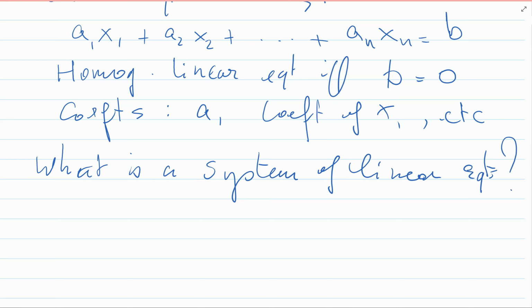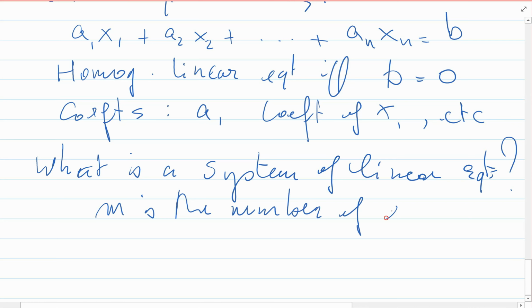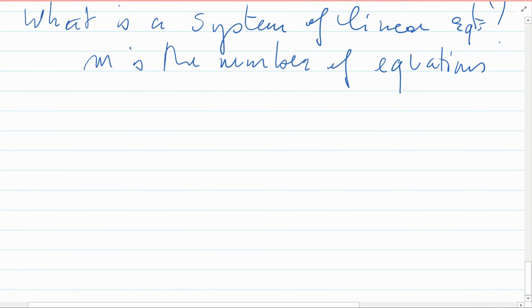Instead of having one, you have multiple ones. Usually, let's say m is the number of equations. So in a system of linear equations, there are two very important numbers: n, the number of unknowns, and m, the number of equations. You always have to pay attention to these two numbers.